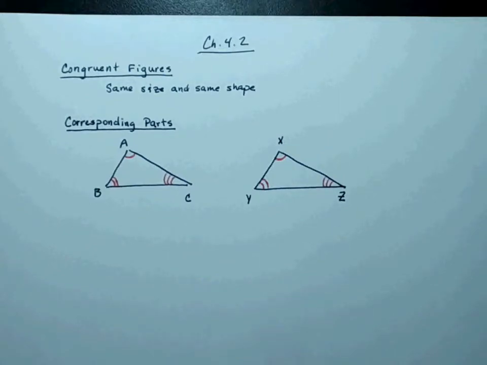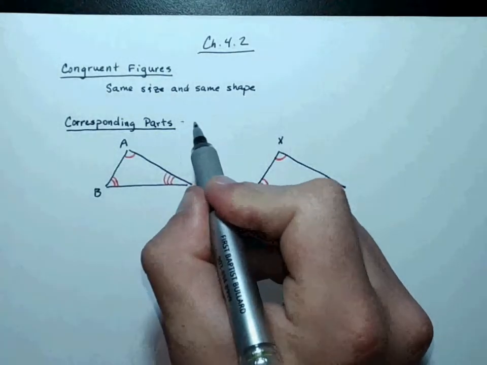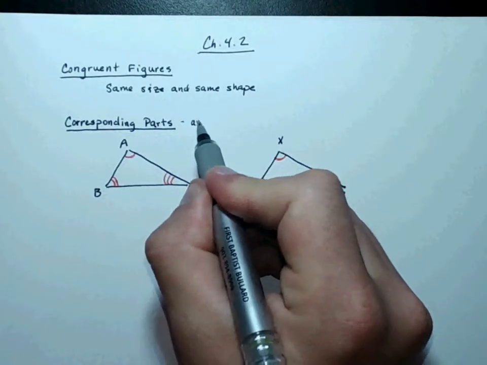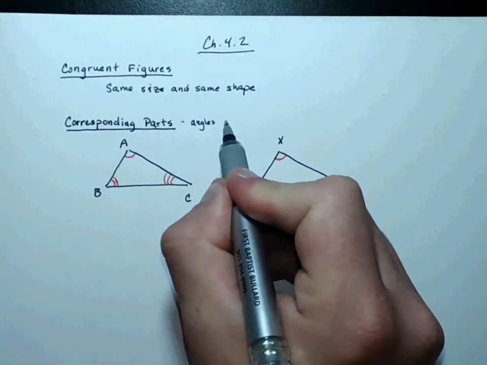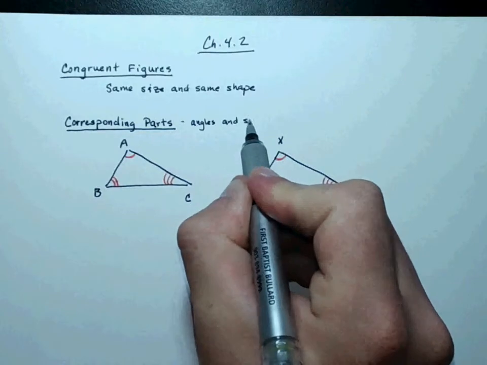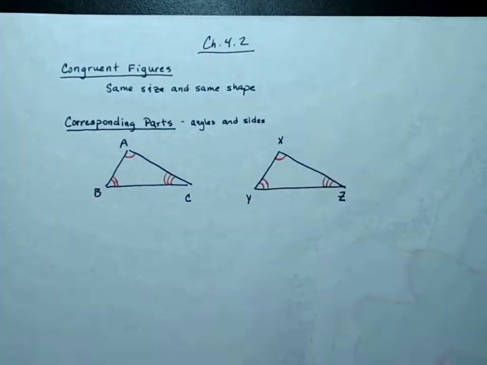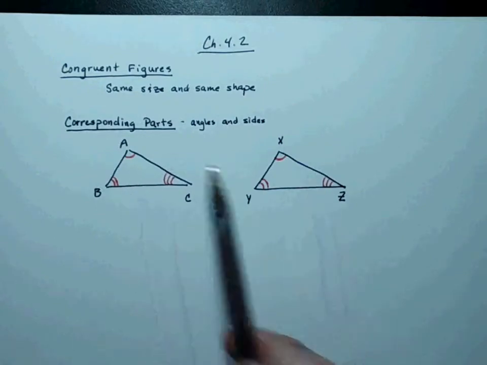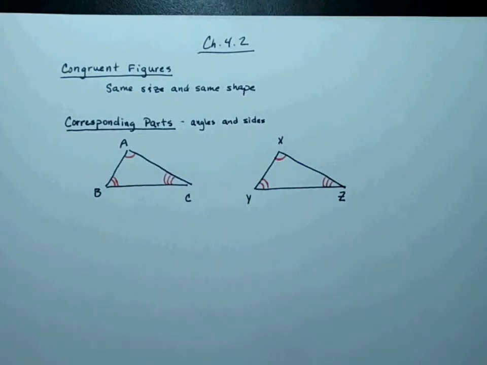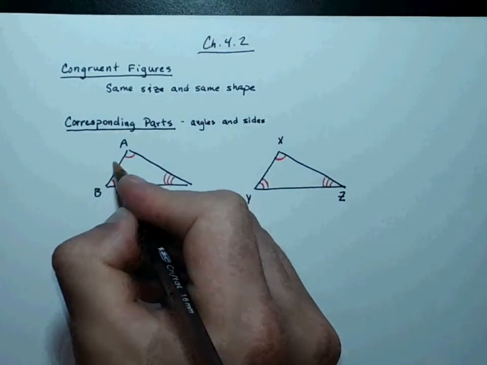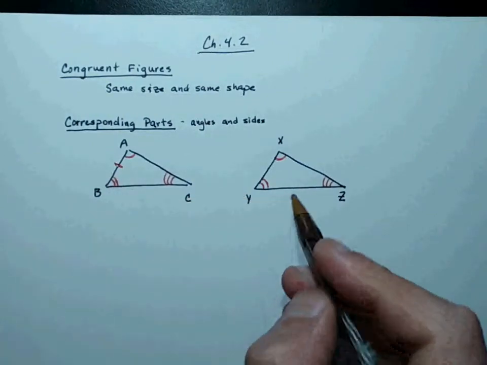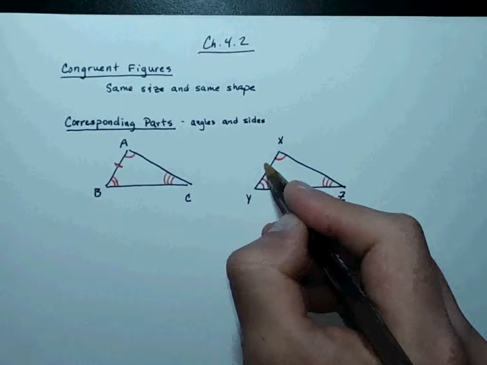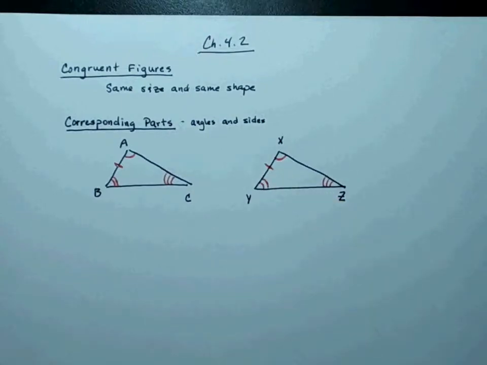Now, corresponding parts aren't just angles. They're angles and sides. So we've got the corresponding angles, and now we have corresponding sides also. Side AB would correspond with side XY, and they would be congruent.